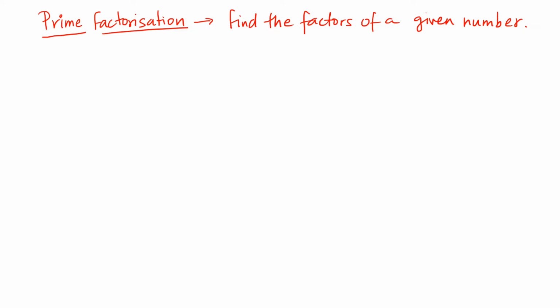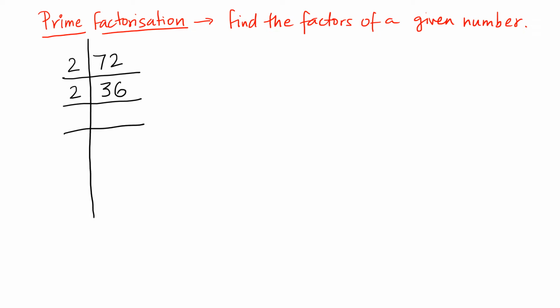So let me take a very easy number, 72, and now I'm going to show you the technique of prime factorization. 72 is an even number, so we will try to find the factors of 72 by starting to divide with the number 2. 72 divided by 2 is 36. It's an even number, so I will continue dividing with 2 till I get all the factors.